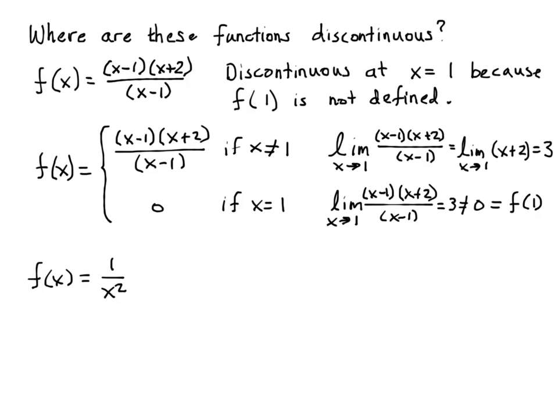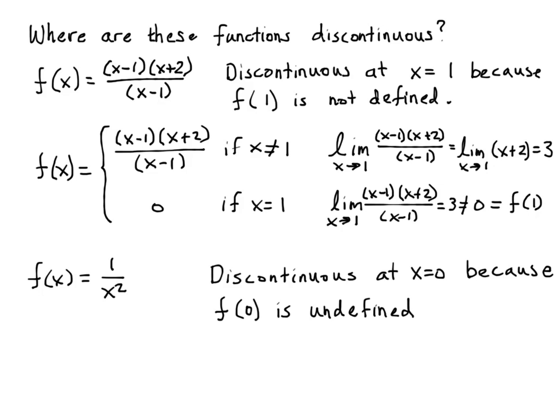Now, we haven't talked about limits that equal infinity, but one of the things that you'll hear next Monday or Wednesday is that when you have something like this, the limit of f of x as x goes to 0 will go to infinity. All right, so we do have a limit, not really a value, but conceptually we say it increases without bound. So it's not like the limit is a value, it's more or less a concept. But the real reason why it's not continuous is because f of 0 is undefined.